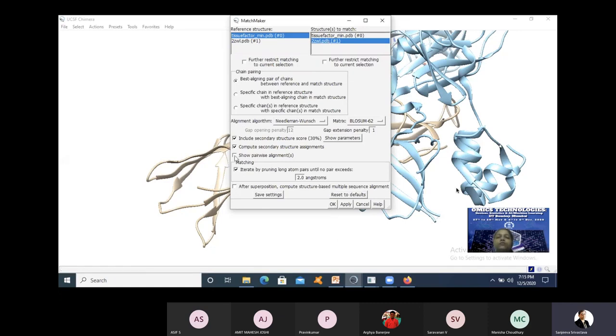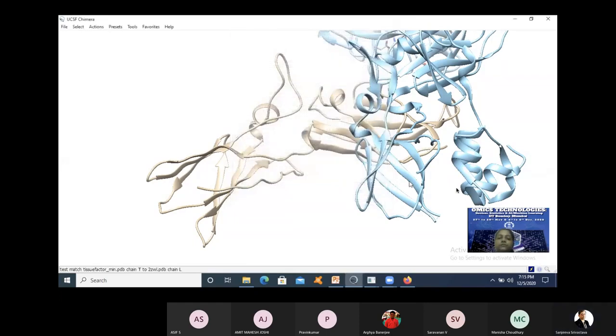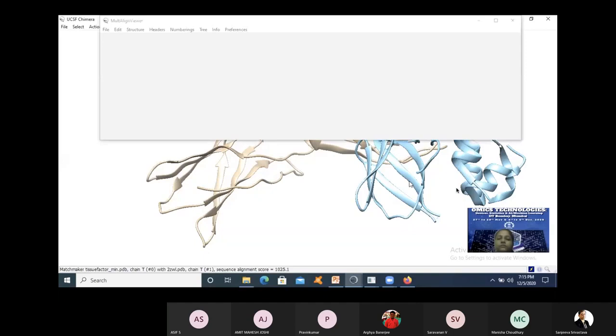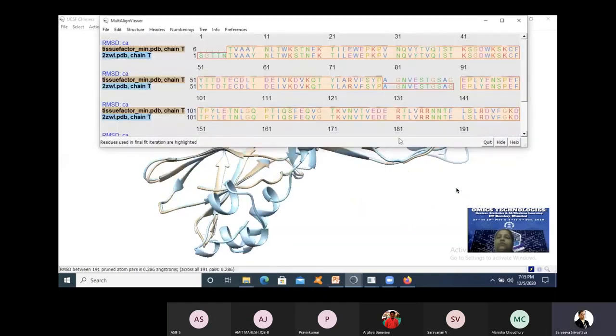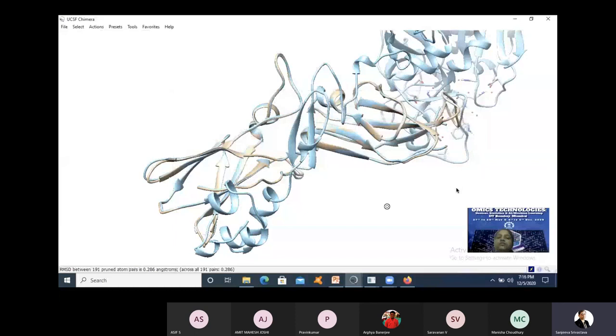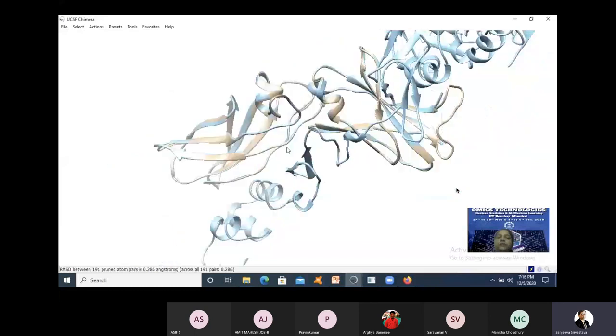If I want to also see the sequence alignment, I can go for pairwise alignment. So now you can see here that the two proteins had got overlapped.